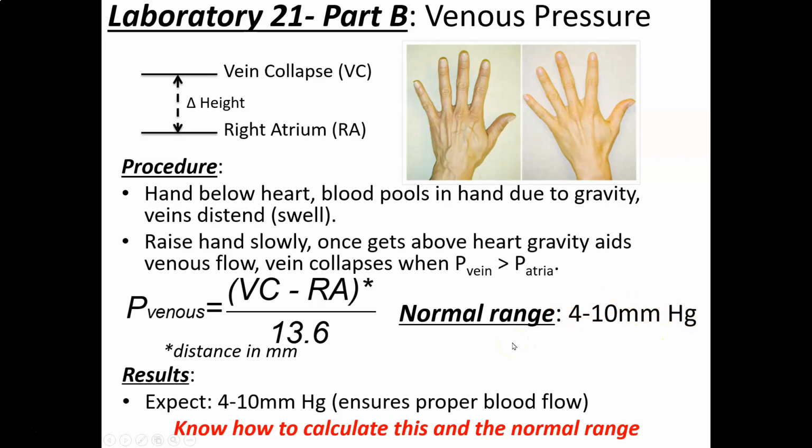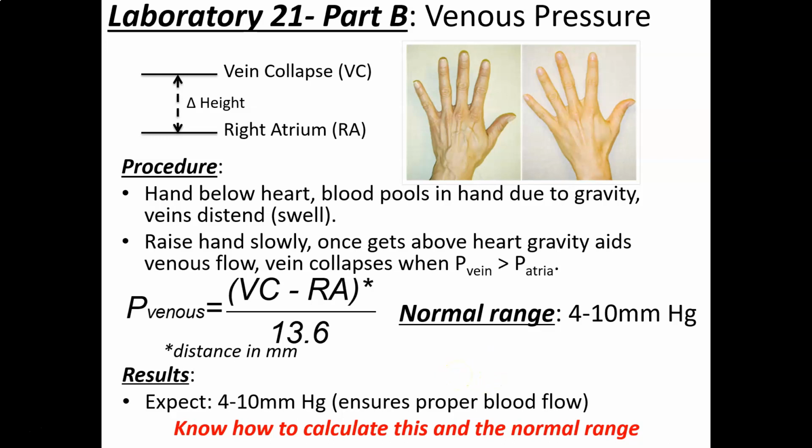Sometimes we see it in the lab a little higher because of two things. One, students don't really want to commit to when that vein actually collapsed. So I think sometimes people move that hand higher up than they need to before they stop. And in addition, the way we measure the right atrium, basically using the armpit as a reference, is a little low.